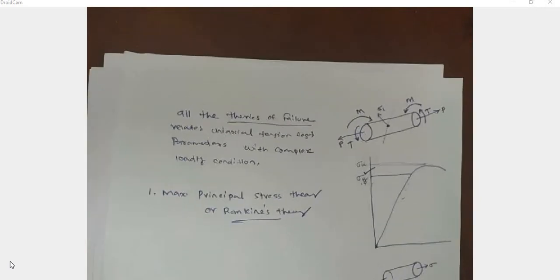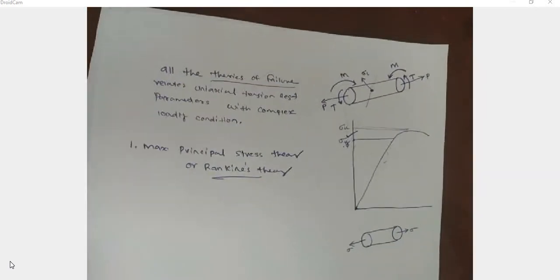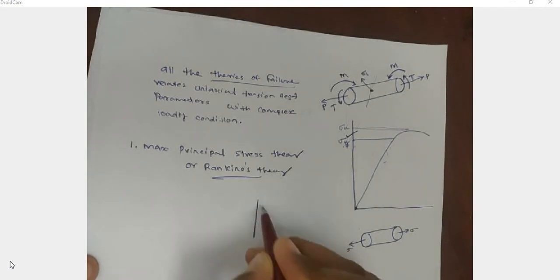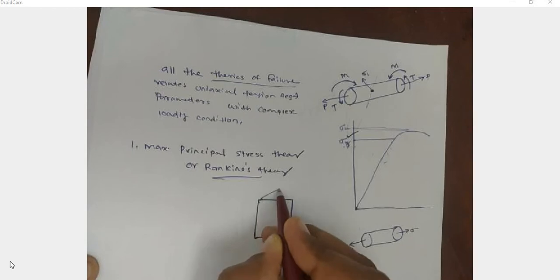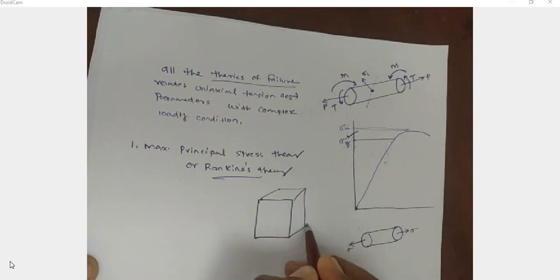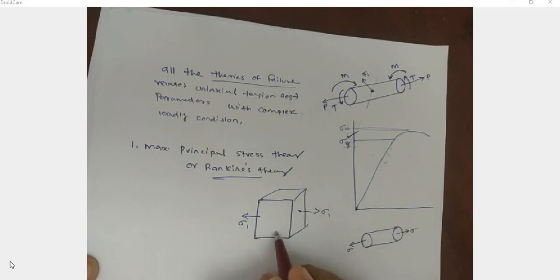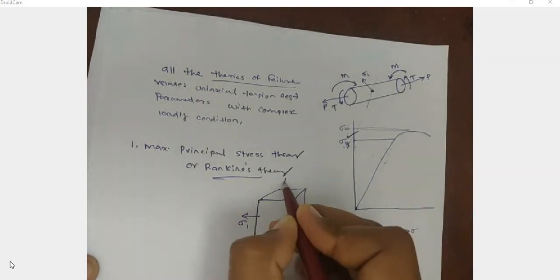So that is the maximum principal stress theory. So in this, consider a plane stress condition. Sigma 1 is acting in the x direction, sigma 2 is acting in the y direction.